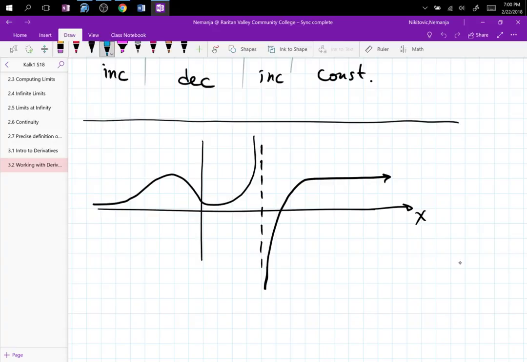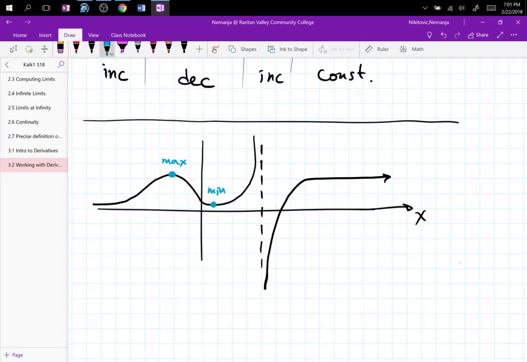The first order of business when you have functions like this is to find min-max values. So this is definitely a max, and I would say over here is a min.